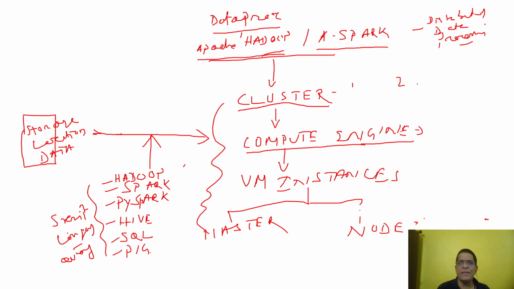And the compute engine is a separate service. We have to enable this service separately. This is one API. This is also one API. We have to enable them initially.